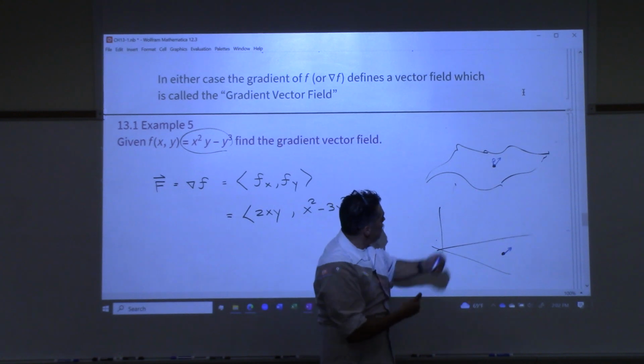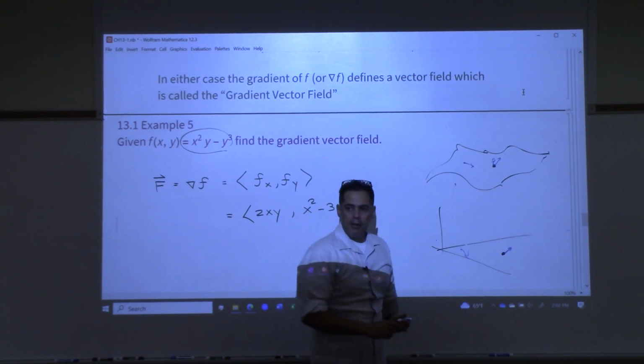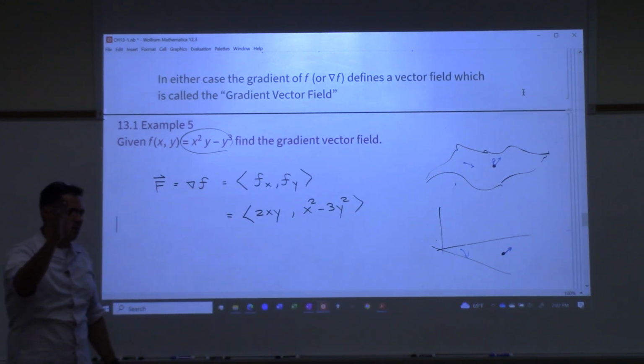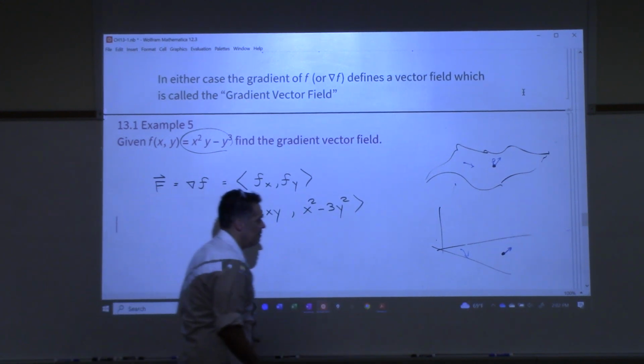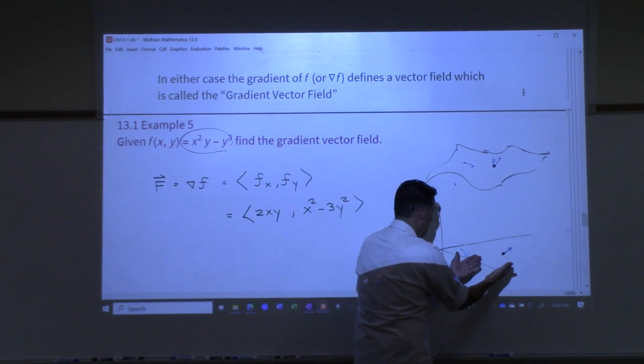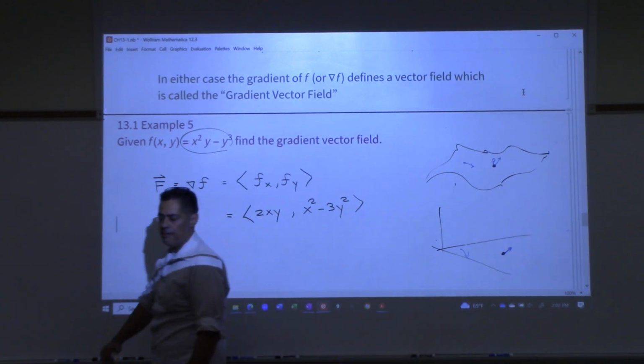For every point, I would have a different vector on the ground that would take me in the steepest ascent. If you wanted to draw all those vectors on the ground, that's how you draw them. That's the vector field.